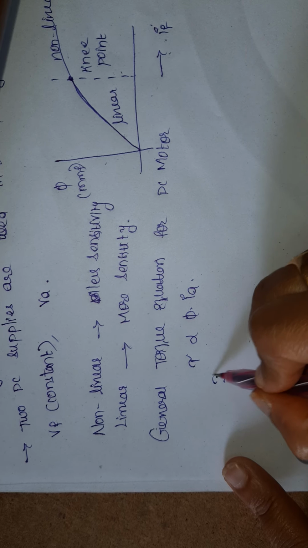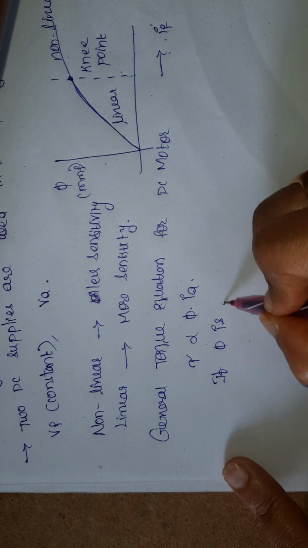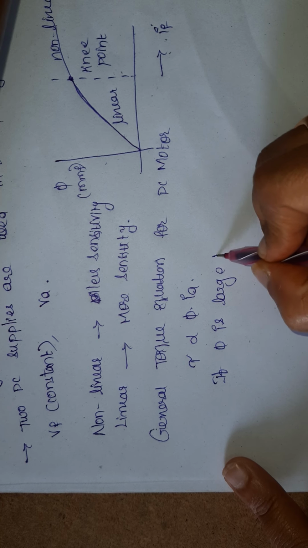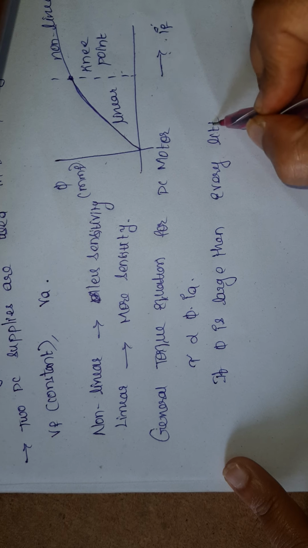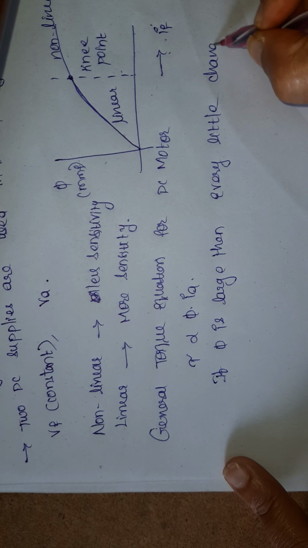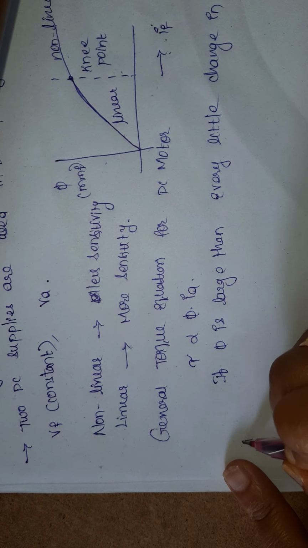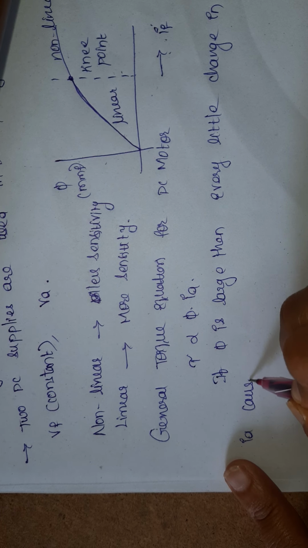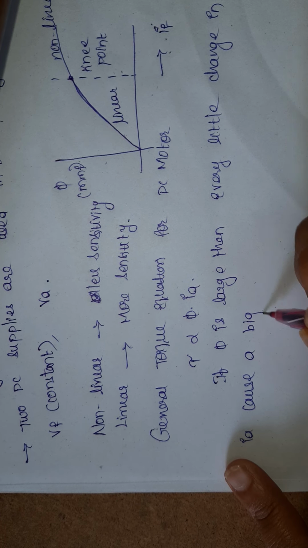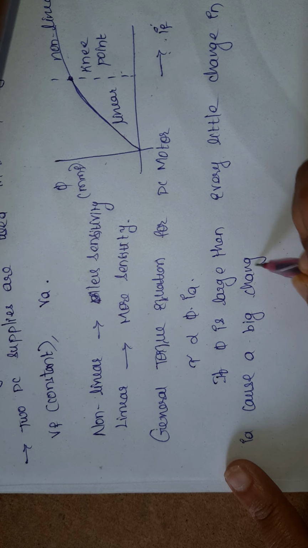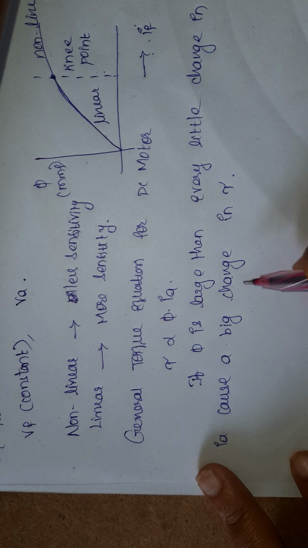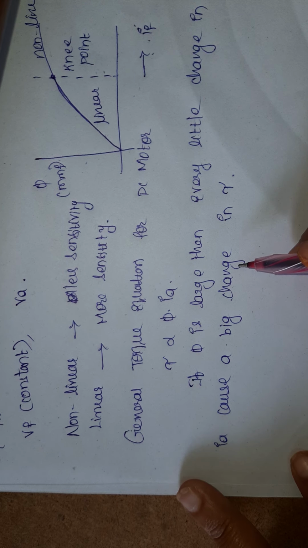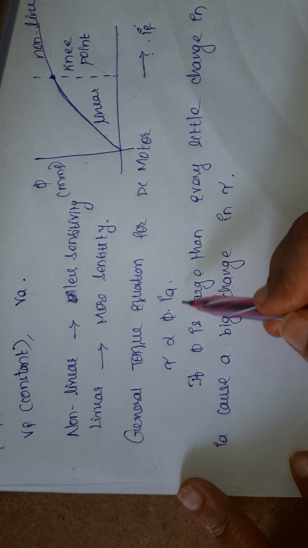If phi is large, then every little change in Ia causes a large change in tau. It means the armature controlled DC servo motor is more sensitive to current IA.